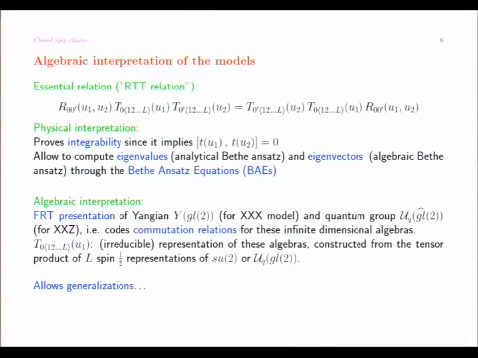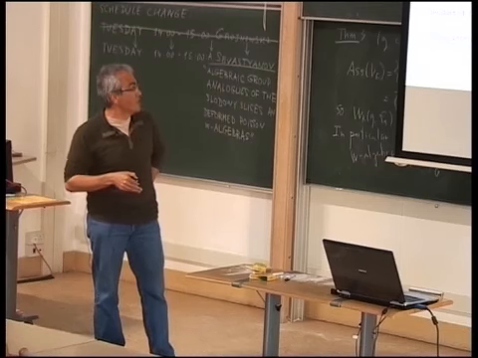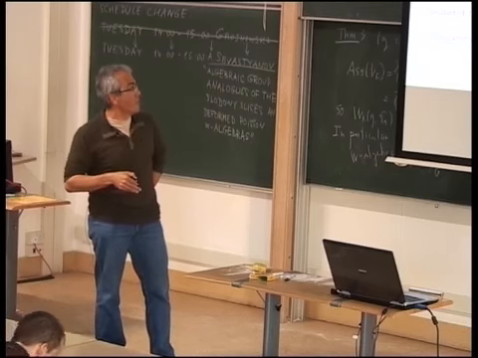And from the algebraic point of view, you know that this is just an FRT presentation of the Yangian for the XXX model, because the R matrix was associated to the Yangian of GL2, or for the quantum group affine U_q GL2.